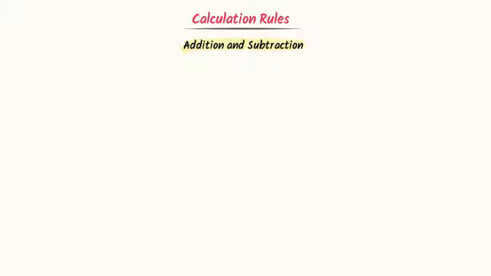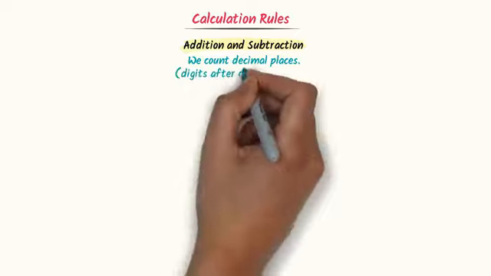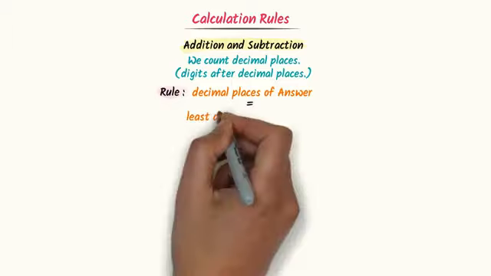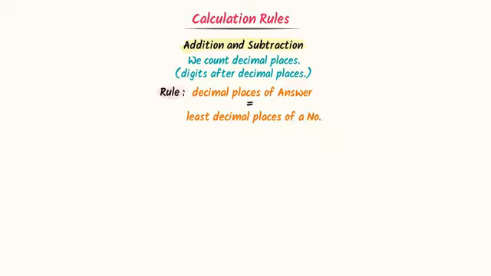In addition and subtraction, we count decimal places. By decimal places, I mean the digits that appear after the decimal point. The rule is that your final answer must have the same number of decimal places as the number with the least decimal places. For example, consider 12.3 plus 4.56.